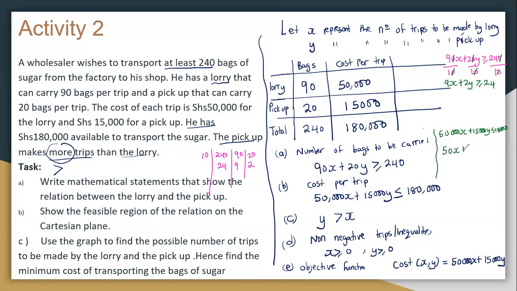I'll get 50x plus 15y less than or equal to 180. Then ask yourself, is there any other thing that can go through? Surely, yes, there is. Take an example, 5. When you divide by 5, by 5, by 5, you get 10x plus 3y less than or equal to 180 by 5. I think that is 36.